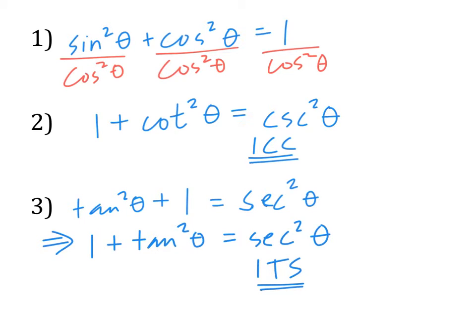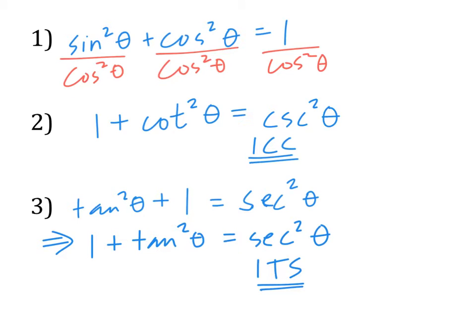Over the years, people have come up with different ways of naming these. I don't remember. They were trying to put some English stuff in there. But anyways, try to come up with your own ways of remembering 1cc, 1ts.